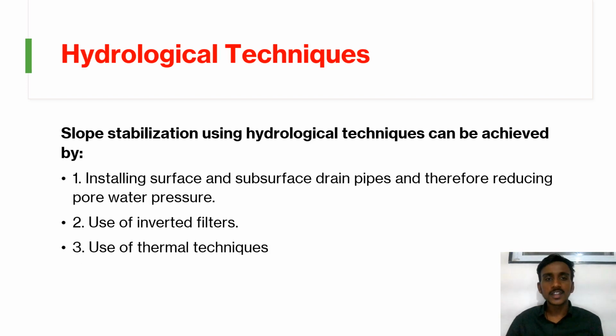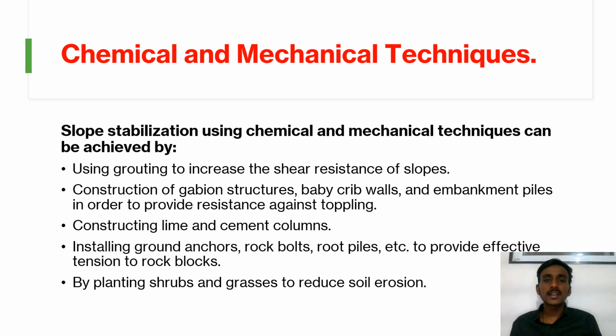Second is hydrological techniques. Slope stabilization using hydrological techniques can be achieved by installing surface and subsurface drain pipes and therefore reducing pore water pressure. Second is use of inverted filters, and third is use of thermal techniques. This can be done by ground freezing and heating methods. Also, there are some chemical and mechanical techniques for soil stabilization.